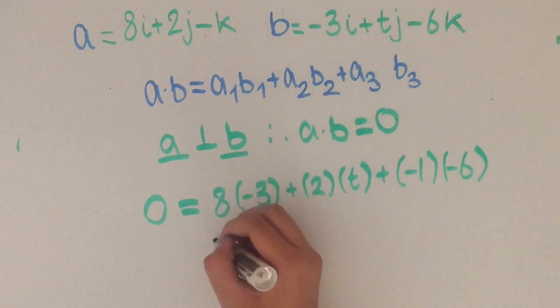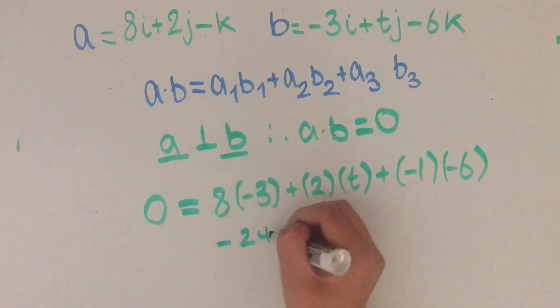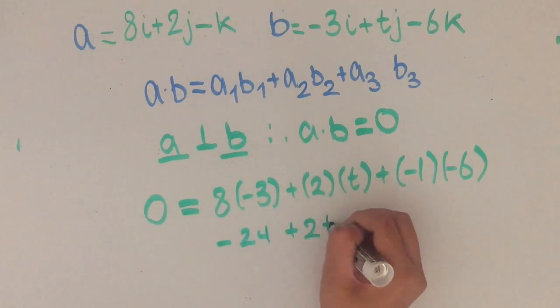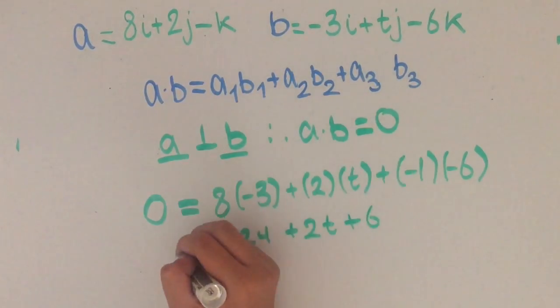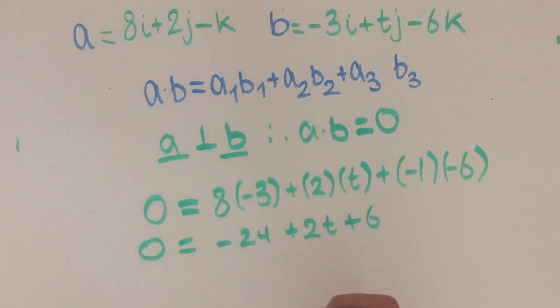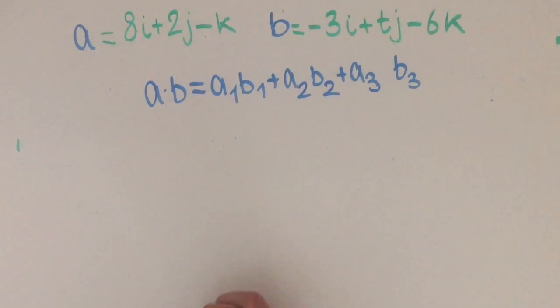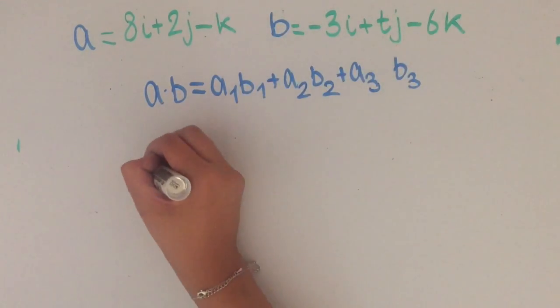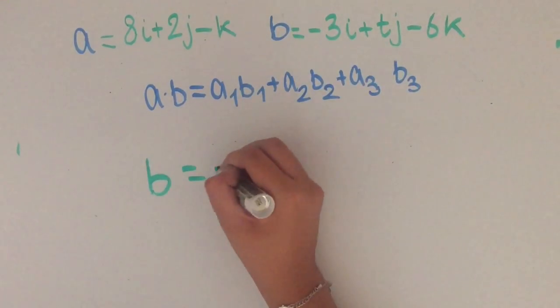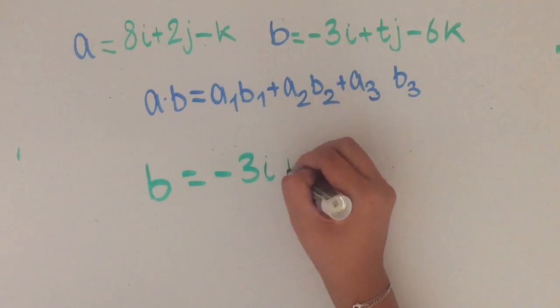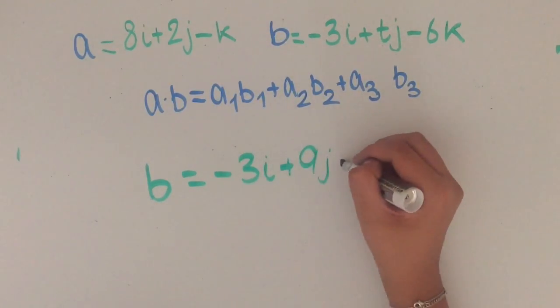Multiplying these together, it will be -24 plus 2T plus 6 is equal to 0. Rearranging this to find T, 2T is equal to 18, T equals 9. Therefore, vector B can be rewritten as B equals -3I plus 9J minus 6K.